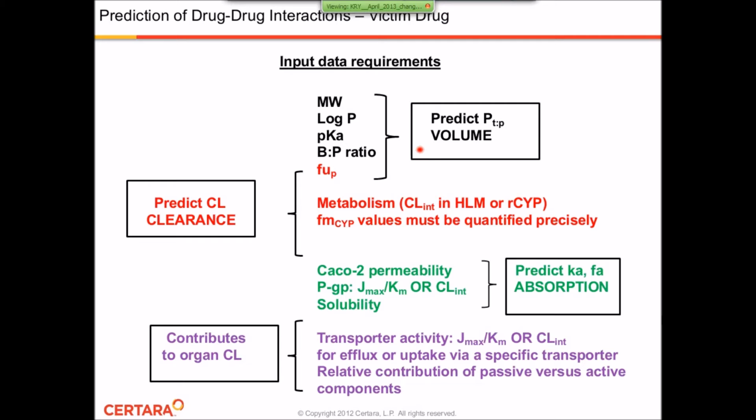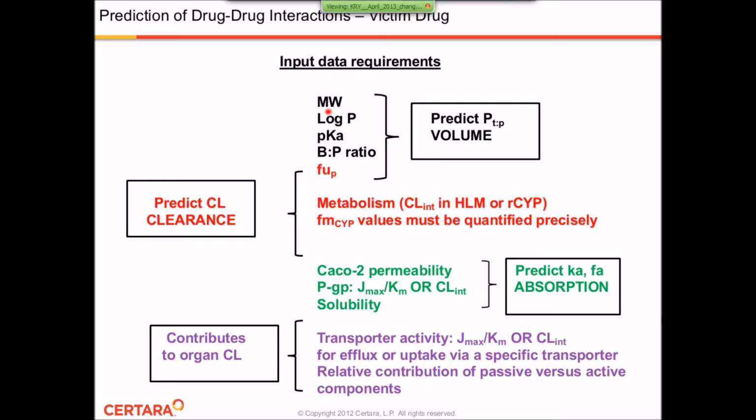If we want to predict a drug-drug interaction, and we're considering a victim drug here, I've already mentioned to you that when we're predicting a volume, especially using a permeability limited model, then we calculate the system parameters, the volumes, within the software, but the drug-dependent data that are required are physicochemical parameters as shown here.